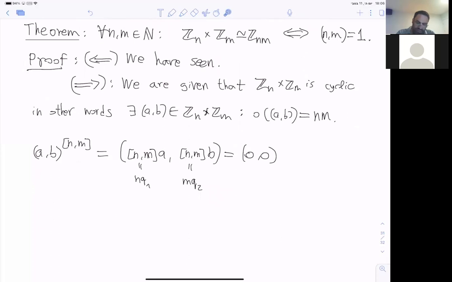So this is very strange, because apparently we have found a power which is less than or equal to the real order of (a,b).